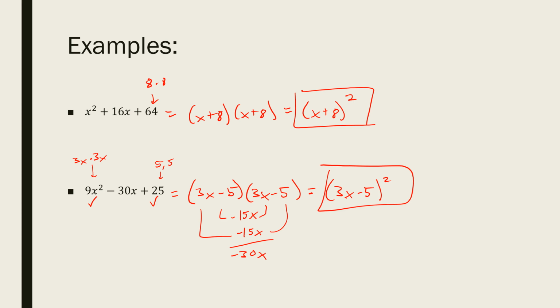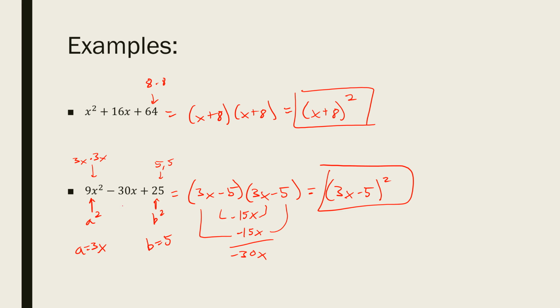Notice that the special pattern here, if I consider this, some of you will get this, most of you won't, that's totally fine. If you consider this to be a squared, then I guess a would be 3x. If you consider this to be b squared, then b would be 5.